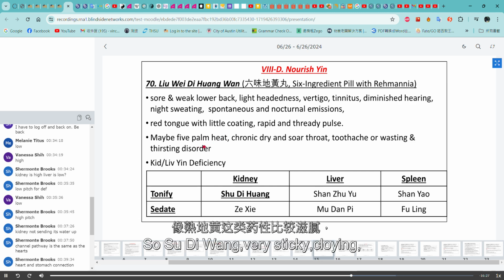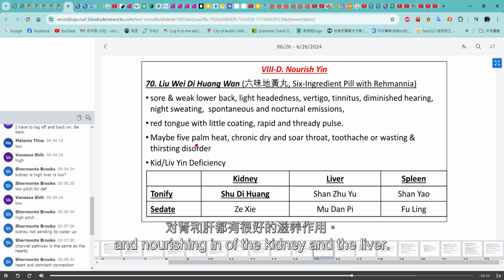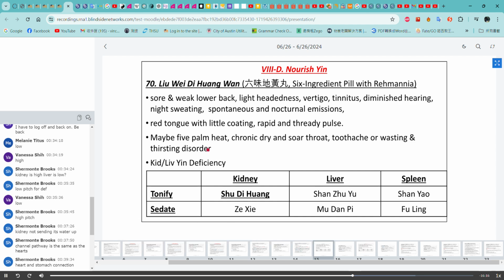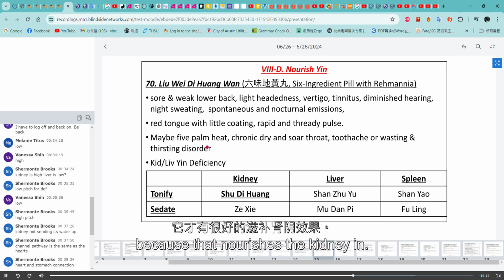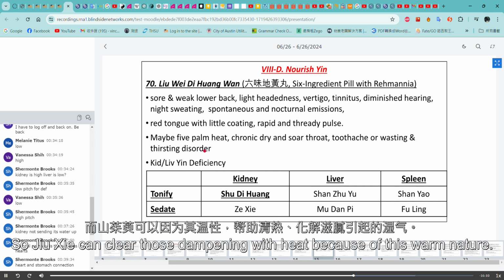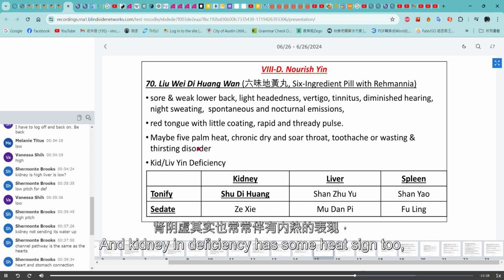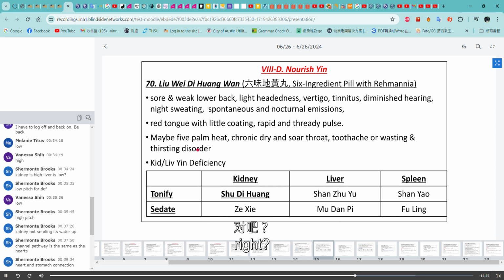So Shu Di Huang is very sticky, cloying, and nourishes the yin of the spleen, kidney and liver. But because it is sticky and cloying and nourishes the kidney yin, Ze Xie can clear that damp, draining the heat because of its cold nature, and kidney yin insufficiency has some heat signs too, right?